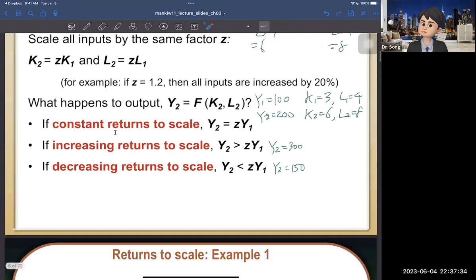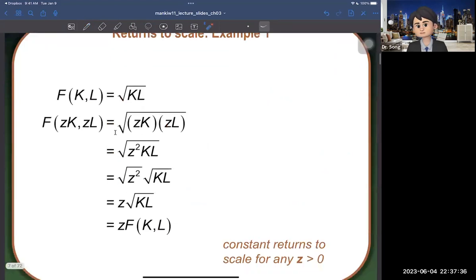Okay. Now let's cover some examples here. We have the production function, which is given as the square root of K times L, right? Now, the easiest way is you play with the numbers. So let's say you can come up with any number, but it's good to use integers to make it easy. So for example, L1 equals 1, K1 equals 4, okay?